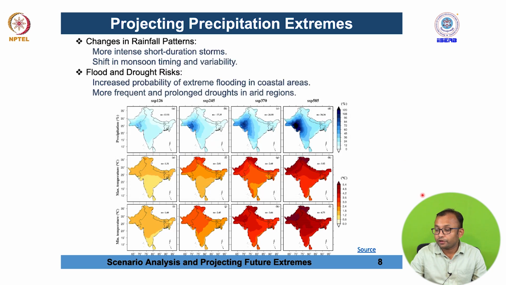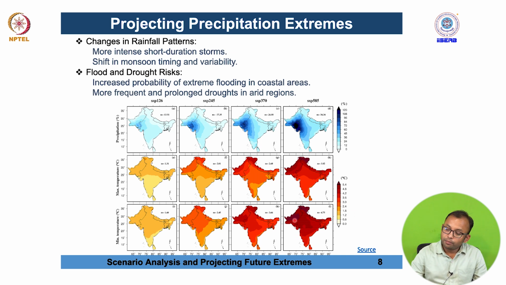This is the average value for the future data set, which tells us that most of the regions are likely to face a rise of 4 degrees or above 5 degrees in the maximum temperature. Then we also have the minimum temperature rise, which tells us that in the lower scenario we have a lower rise, let us say 1 or 1.2 or 1.8 degrees centigrade.